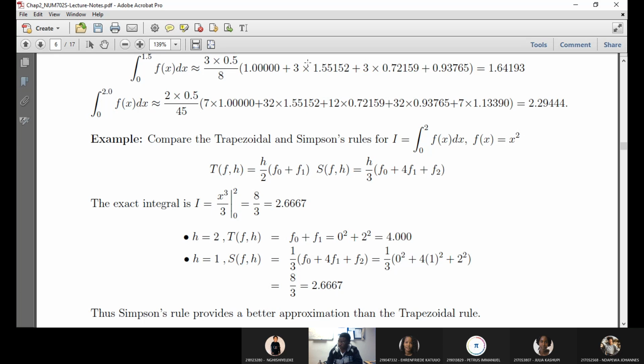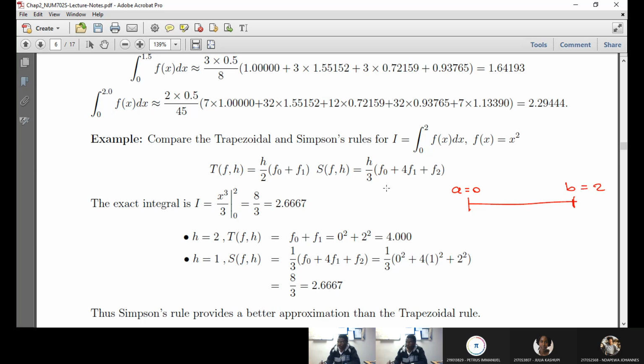Let me illustrate it properly here. So this integral interval is this. A is 0, B is 2. For the trapezoidal rule, we know that we only have one sub-interval.